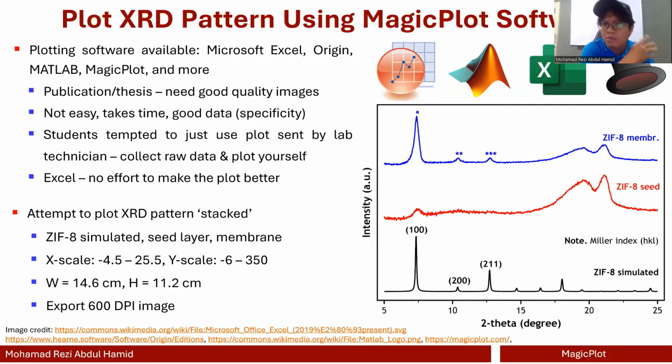And of course, for publication and thesis, you need to have a good quality image, and in order to get a good quality image or plot, you need to get good data. So when you send your sample to your operator, you must make sure that the resolution is high enough, the intensity count is high enough, and the sample amount is high enough, so that they can produce a nice curve.